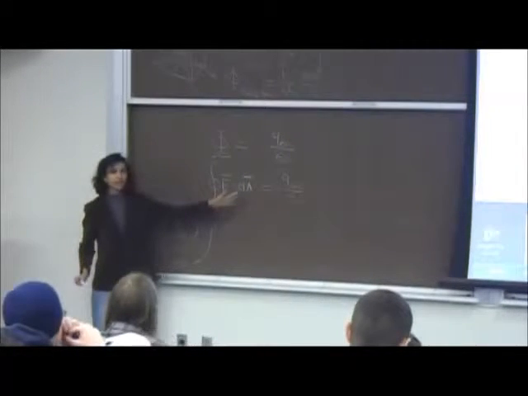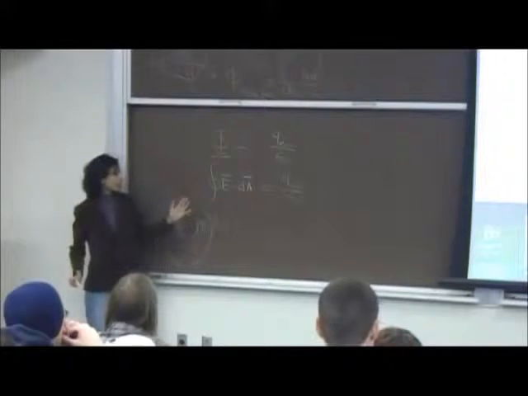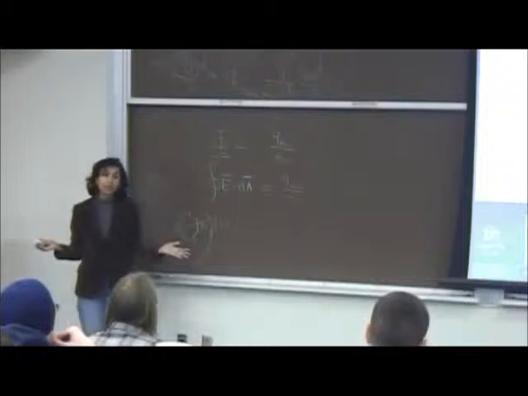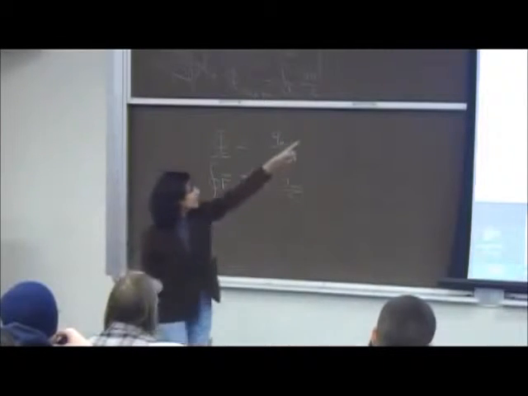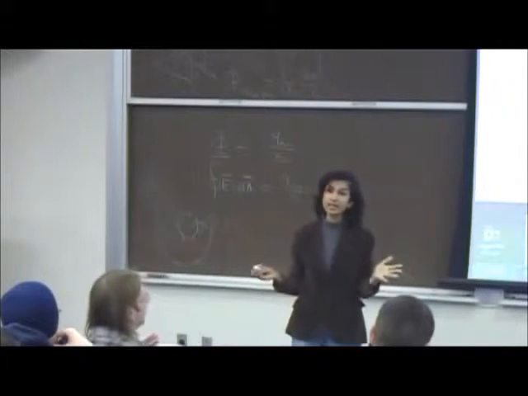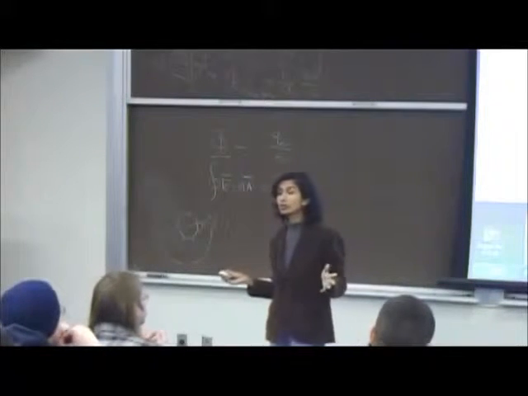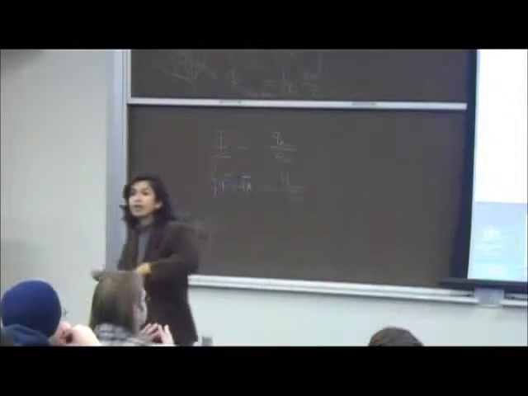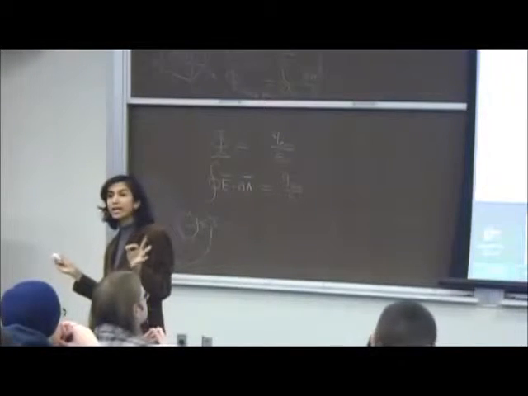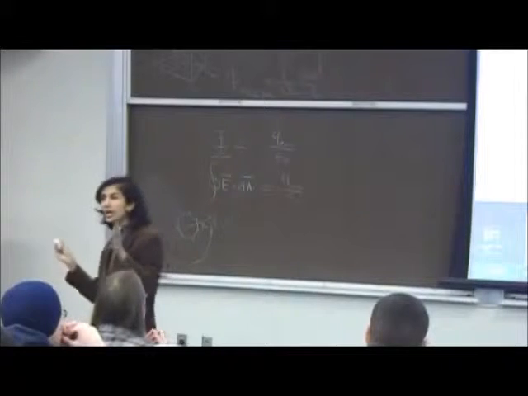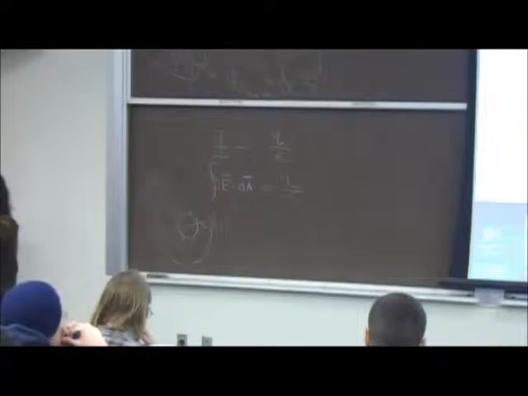Now if cosine theta is also pulled out, integral dA is just the area of the sphere, which is 4 pi r squared. And yes, for that case you can find the electric field easily using Gauss's law. It doesn't mean Gauss's law can be useful for finding the electric field for any charge distribution. Only for highly symmetric charge distributions like sphere of charge, cylinder of charge, and infinite sheets with uniform charge on them.